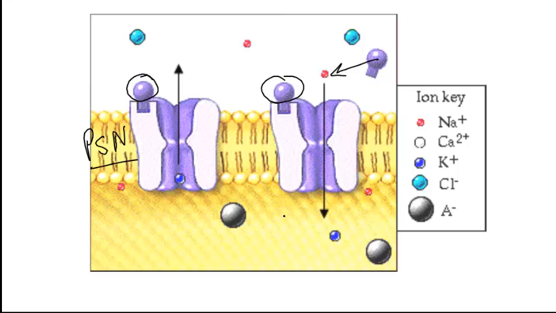Now these chemically gated ion channels will remain open as long as the neurotransmitter remains attached to the receptor, and are not sensitive to any changes in the membrane potential. Even though the membrane potential changes, the channel will still function based on the attachment of the neurotransmitter only.